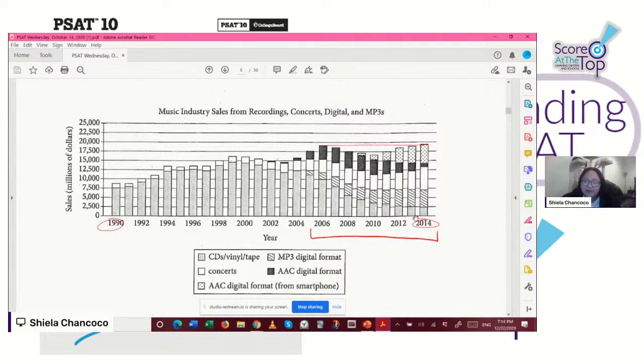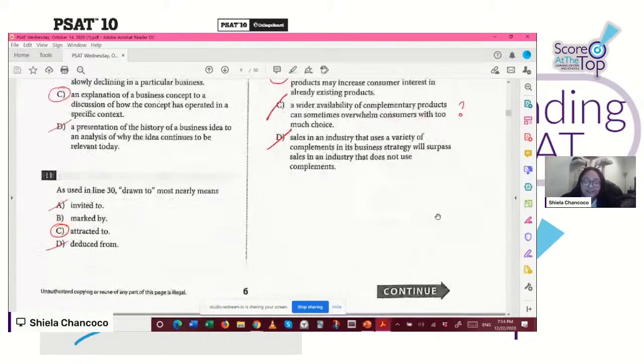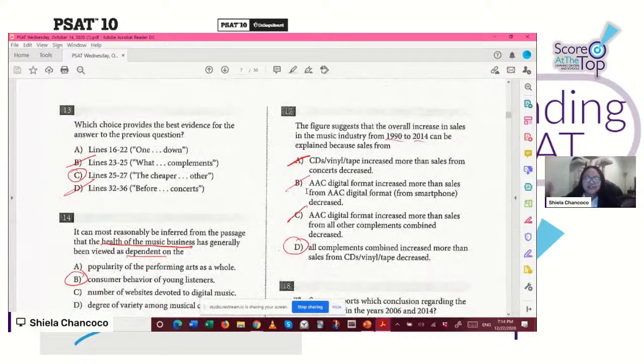CDs went up. Nope, it's going down. Look, CD is this dark gray one, and it's going down. Okay, completely wrong already, right? So you see how easy it is to see true or false? So think for the graph questions, it's true or false. Is this or this? And it's the easiest one to see here, right? B and C are half truths. Yes, AAC digital format increased, but not comparatively to what they said in the other part.